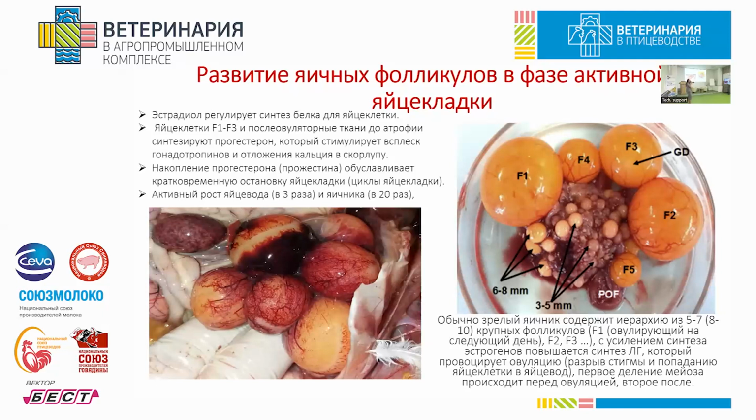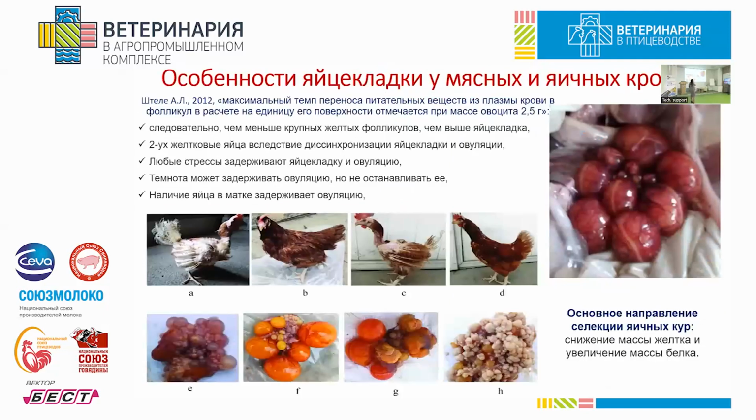So the more follicles like this you see, the lower the productivity. And just a few examples, if I may, so that you see the difference between the layers and the broilers.